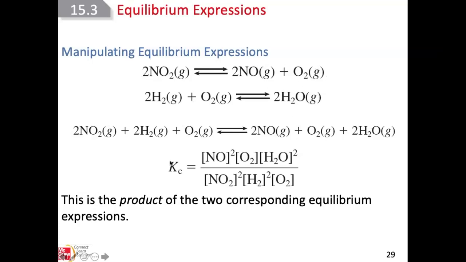I can write the Kc expression for my overall reaction, but it is really the product of the Kc expressions for those individual reactions. So the Kc of the first reaction times the Kc of the second reaction gives the Kc for the sum of those two reactions added together.